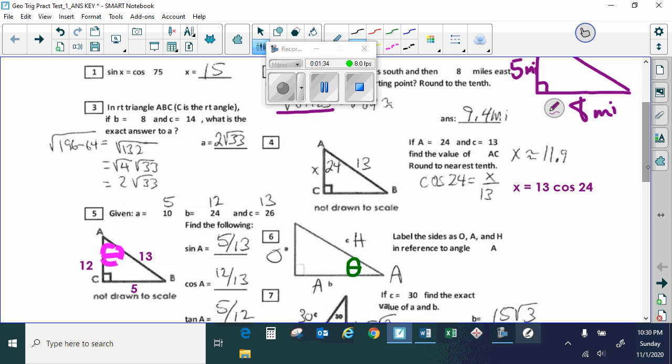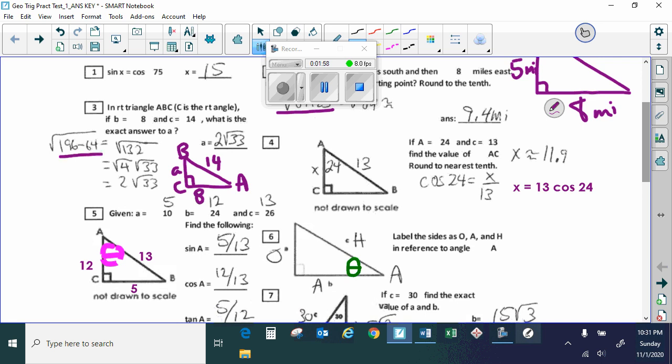Number three, in the triangle, C is the right angle. B is 8 and C is 14. Solve for A using the Pythagorean theorem. So you have a squared plus 8 squared equals 14 squared. Subtract the 8 squared across.